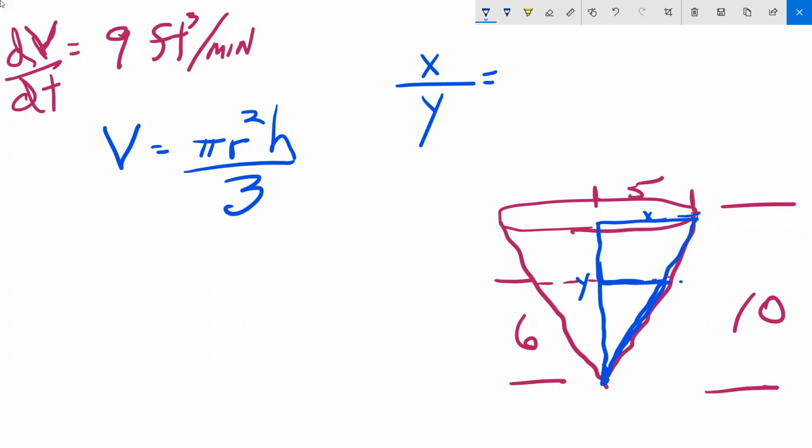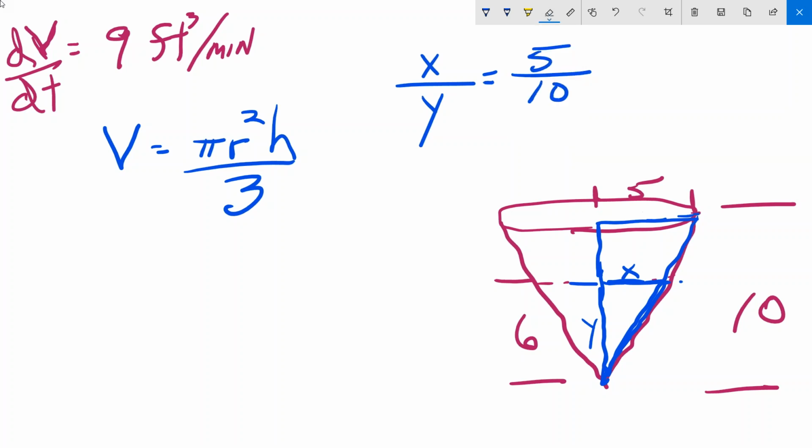X is to y as 5 is to 10. Here, let me relabel this because it's not quite clear. What really is y is this amount, from there to there is y, and that's x.